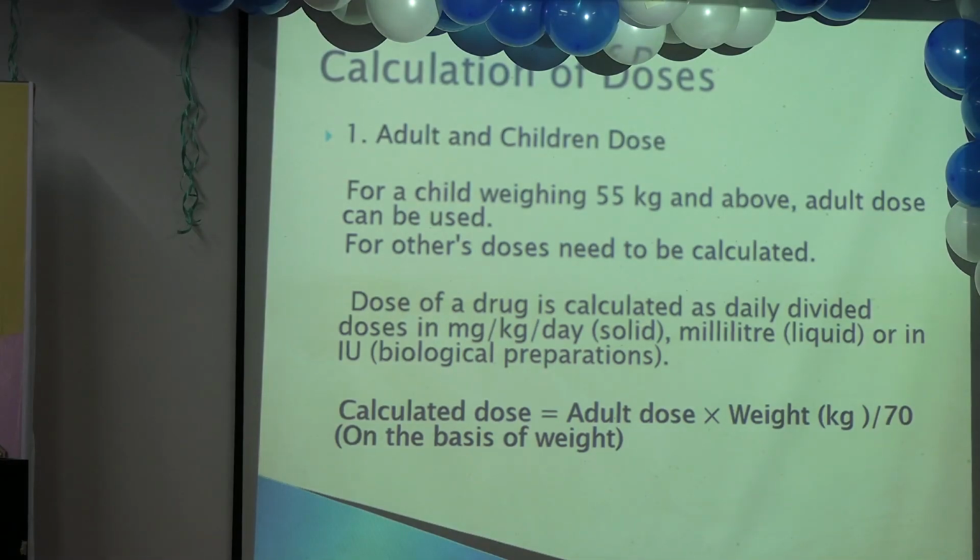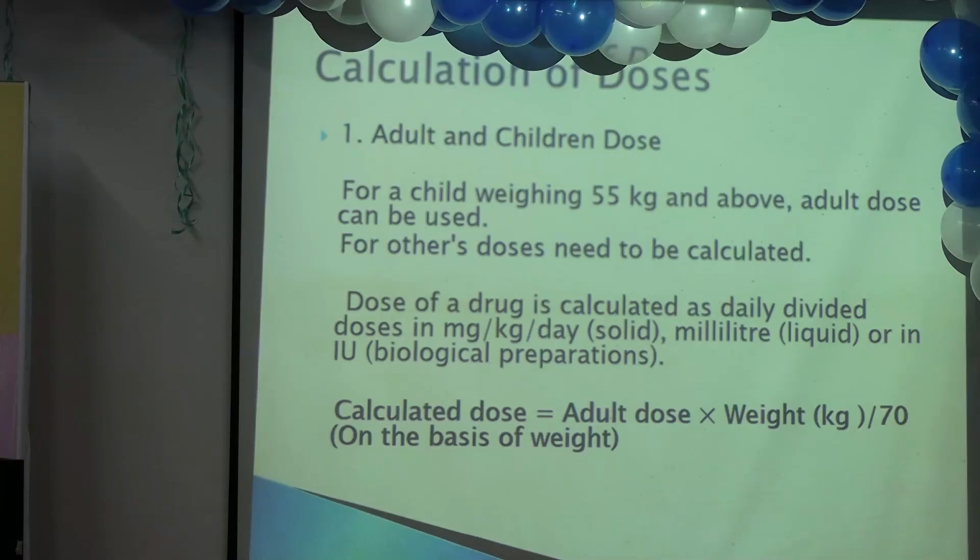And why am I considering 70? Because this is the average weight of a healthy individual. So this is the formula. This weight formula is for above 55 kg.